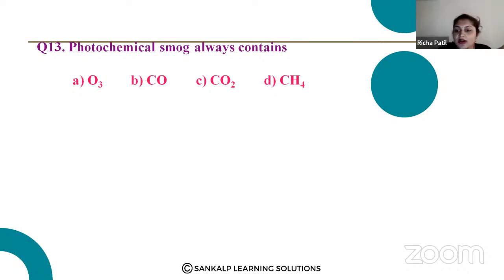Classical smog occurs in cold, humid regions. Photochemical smog occurs in warm, dry and sunny climates. So this answer is A: it always contains O3, ozone. The correct answer is ozone, O3. A is the correct answer.